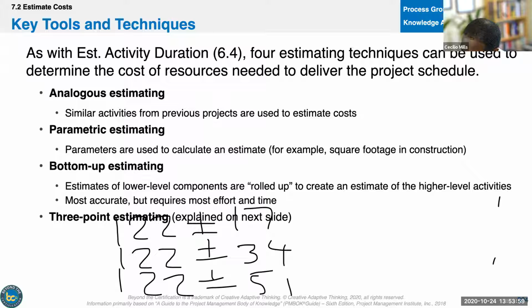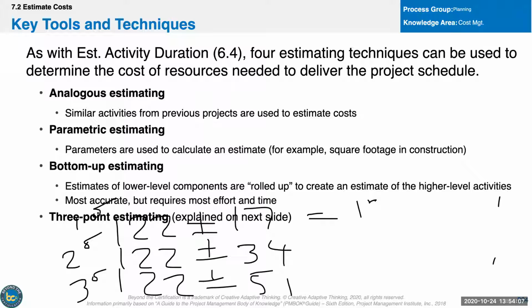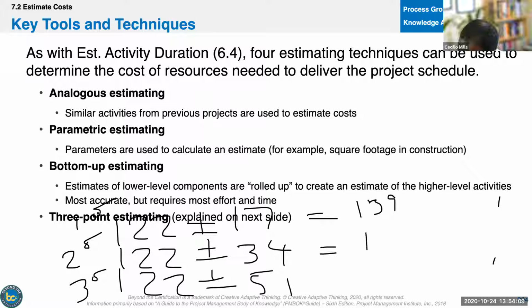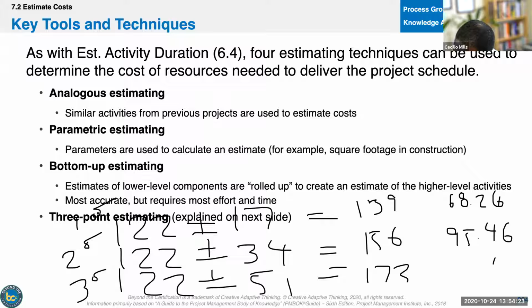Okay. So then what happens, right? You have 1 standard deviation, 2 standard deviations, 3 standard deviations, right? And so here we would get 139. Through here, we would get 156. And from here, we would get 173. Okay. And I would say that I have a 68.26 level of confidence here, a 95.46 level of confidence here, and a 99.73 level of confidence there.